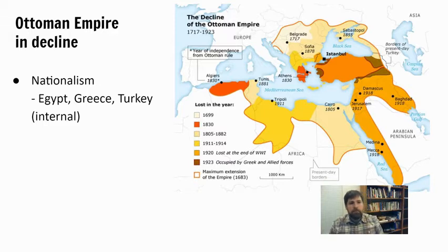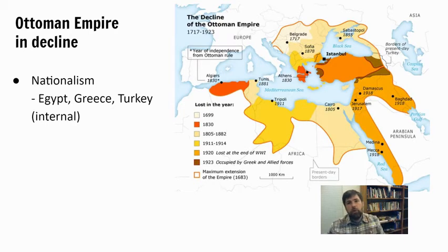Part of that is down to nationalism, which is another important trend in Units 5 and 6. You have nationalist movements that begin to disrupt the Ottoman Empire. They start to lose important parts of the empire, like Egypt. Egypt has a nationalist party that's interested in creating an Egyptian country.